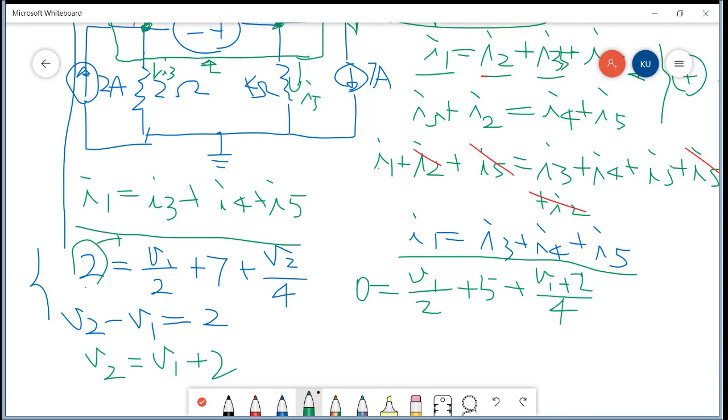Okay, so we multiply both sides by 4. So it will become 2V1 plus 5 plus V1 plus 2. So 2V1 and V1 is 3V1 plus 7.